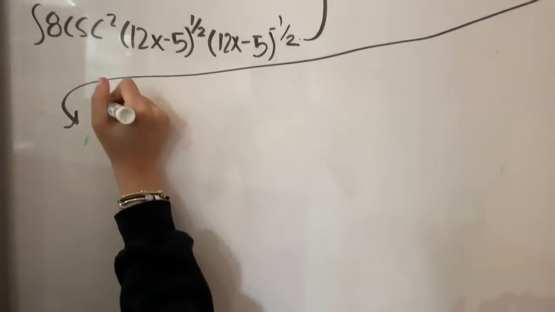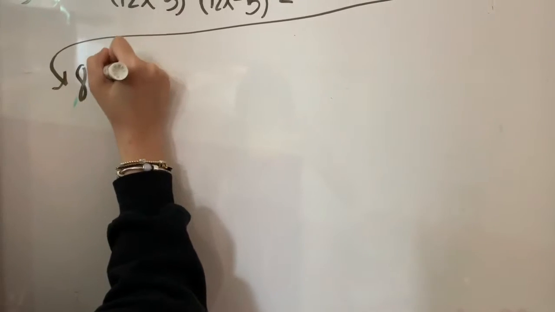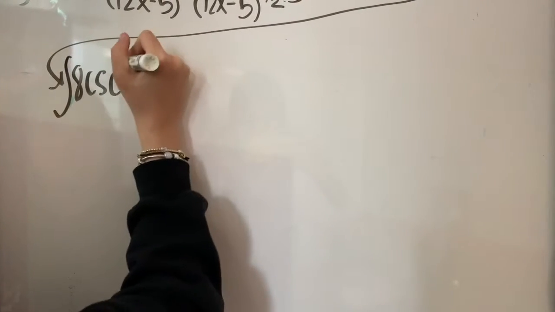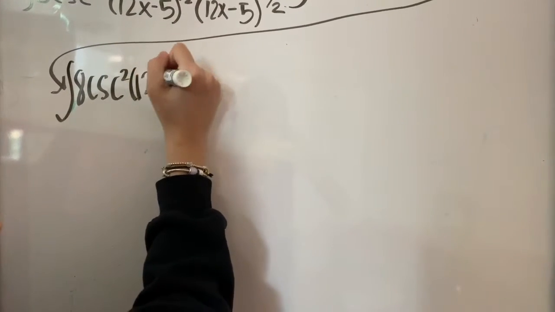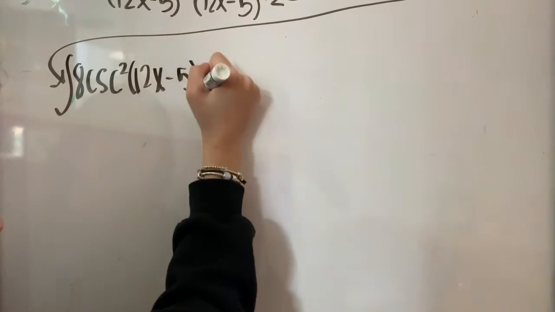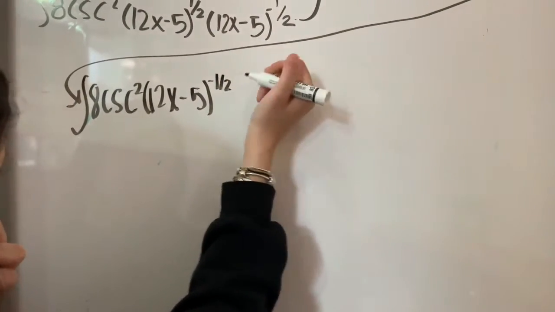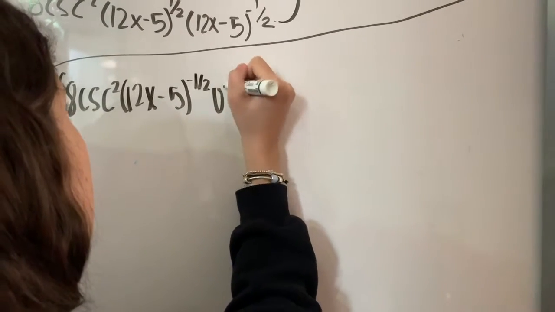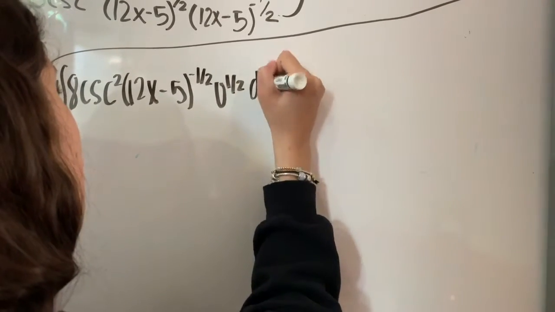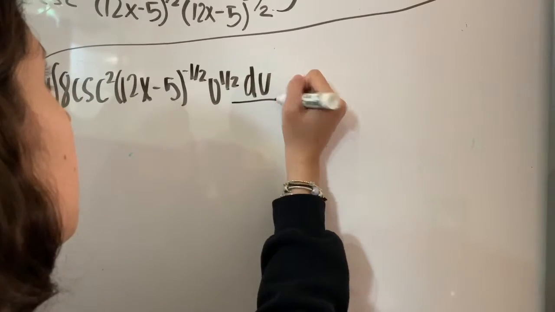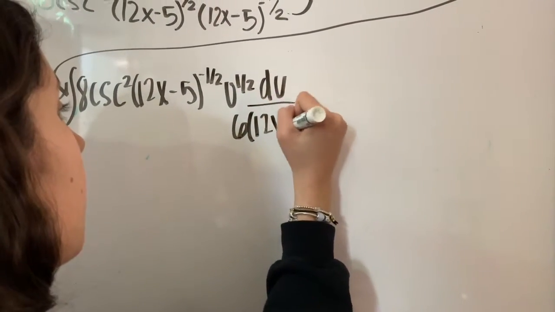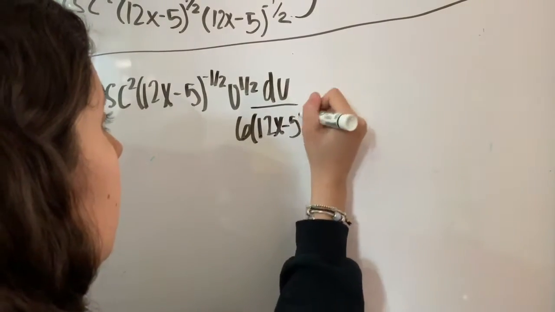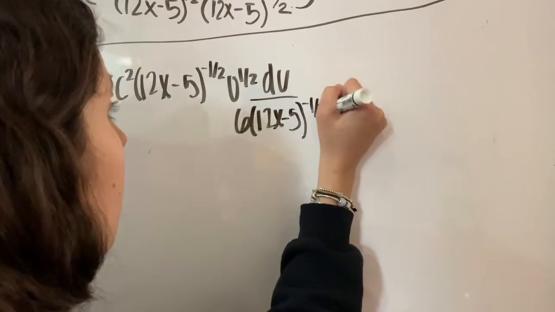So now that we have u and du, we're going to use the formula of integration. This will leave us with the integral of 8 cosecant squared u times (12x minus 5) to the negative 1/2, divided by du, which is 6 times (12x minus 5) to the power of negative 1/2.